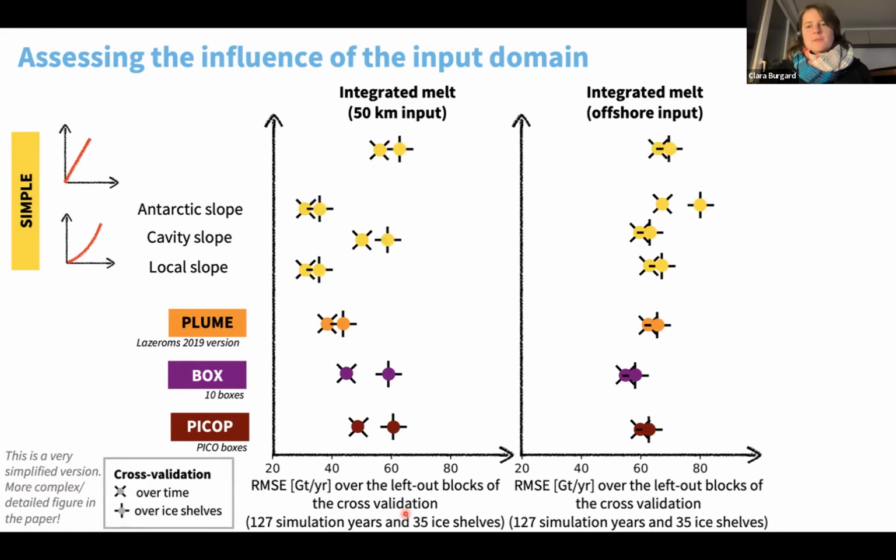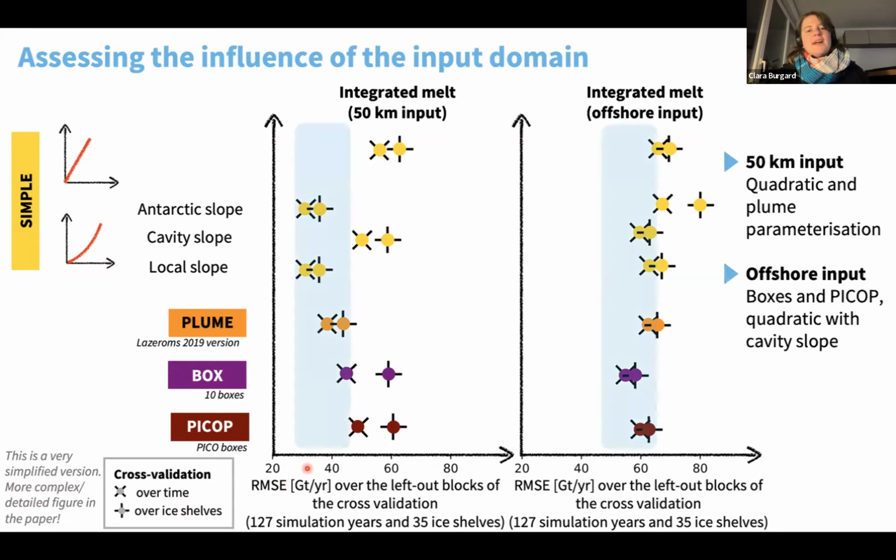The main takeaway here is that if you use offshore input, the RMSE will be slightly larger, or actually quite larger than using temperature and salinity nearer to the ice shelf front. Then second, you can see that the cross-validation over time leads to a lower RMSE than the cross-validation over ice shelf, which means that the parameterization can generalize better to time blocks it has not seen during tuning than ice shelves it has not seen during tuning, which again confirms that it's maybe not wise to only use one ice shelf for tuning.